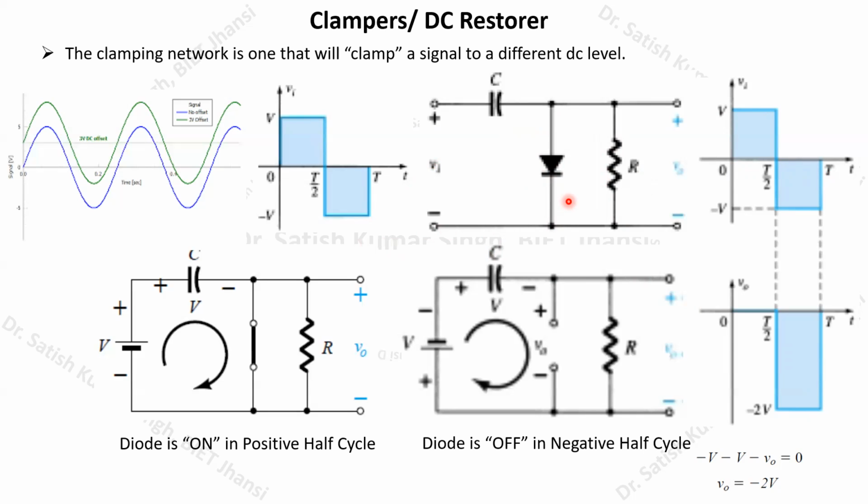It will give you a wrong mental picture. So you always try to start with that particular cycle of the input waveform that is going to make this diode forward biased, and that will allow the capacitor to charge. Once this capacitor has charged, you have to solve it for the other half cycle at which this diode will be turned off, and then you can get the exact output waveform.